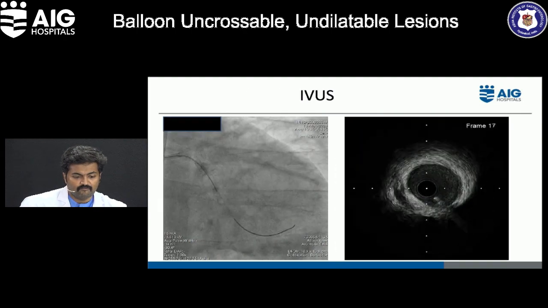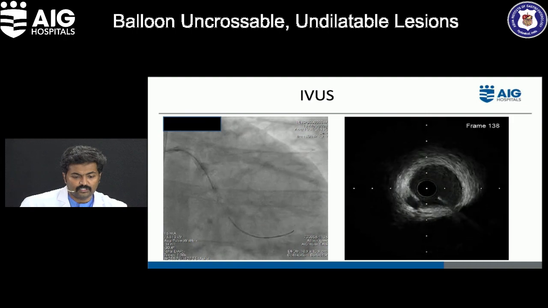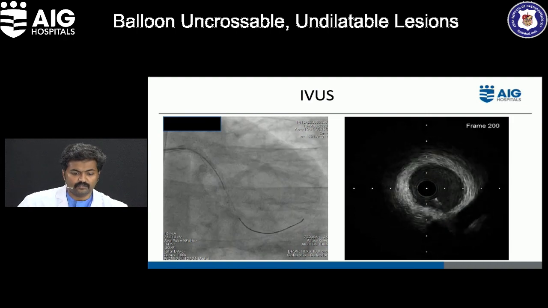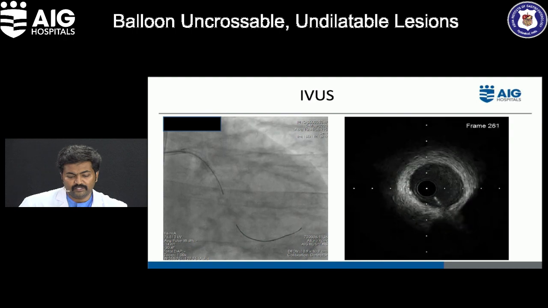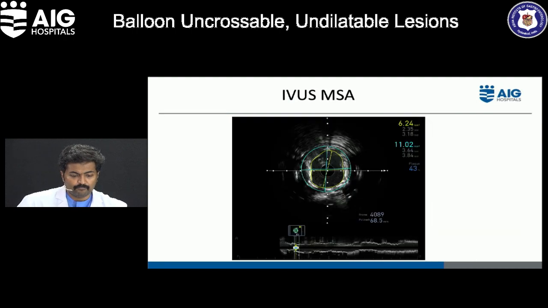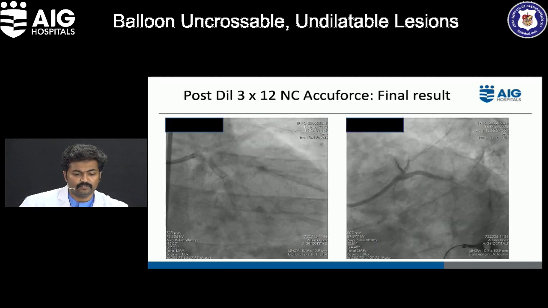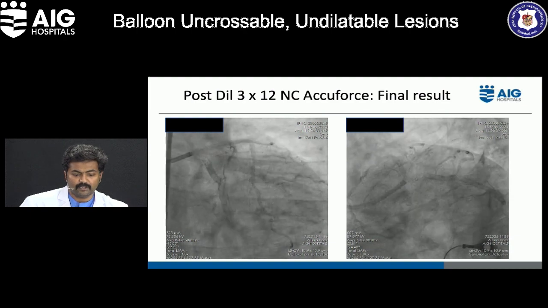That was the final IVUS run, which was showing a well expanded stent with no evidence of any dissection or under-expansion, and with a good IVUS MSA. This was the final result, a very good result with a well expanded stent.